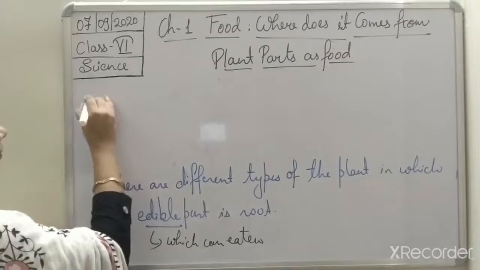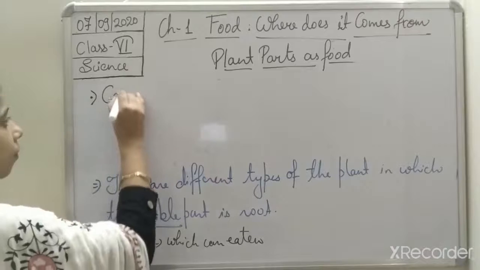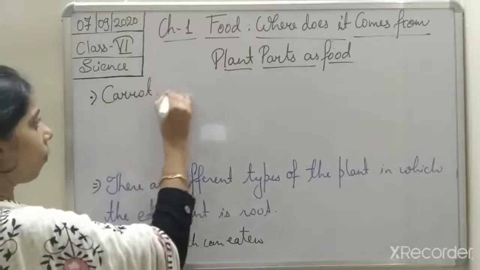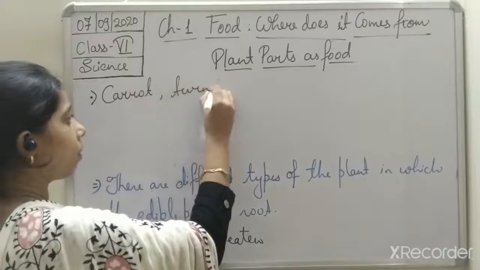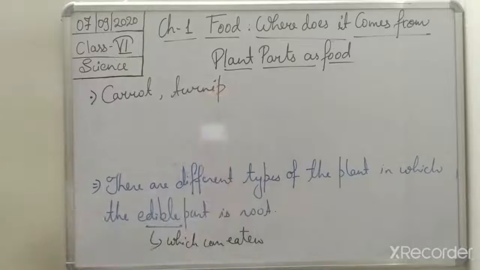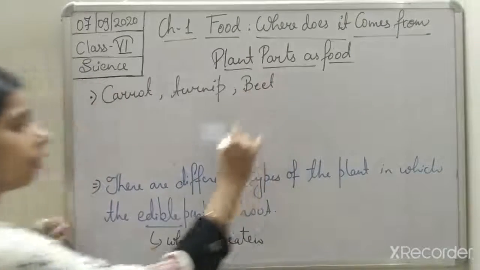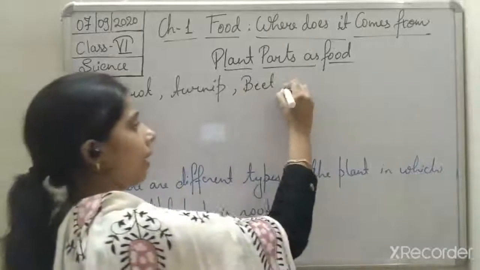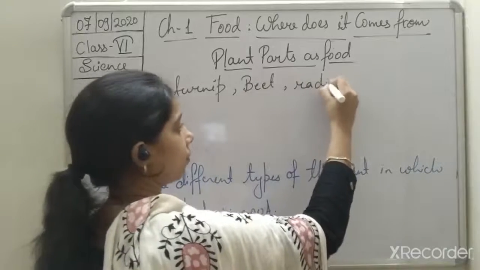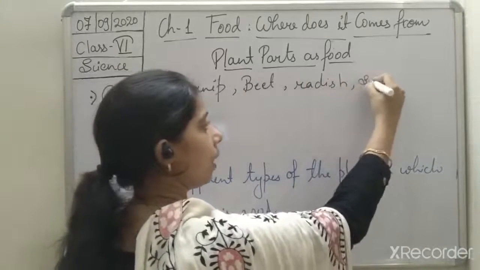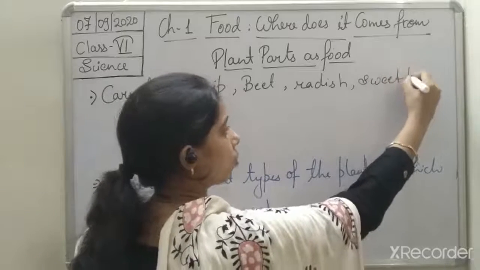Carrot, turnip, beetroot, so beet, then radish and sweet potato.